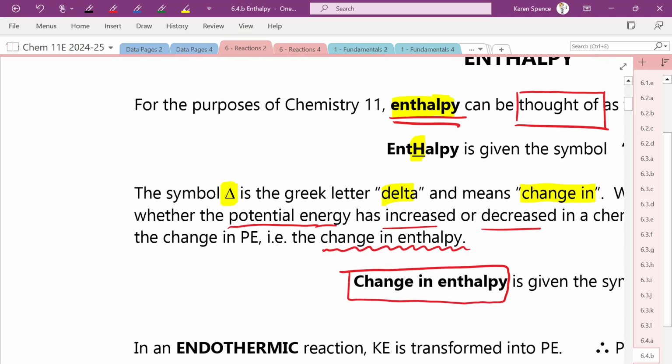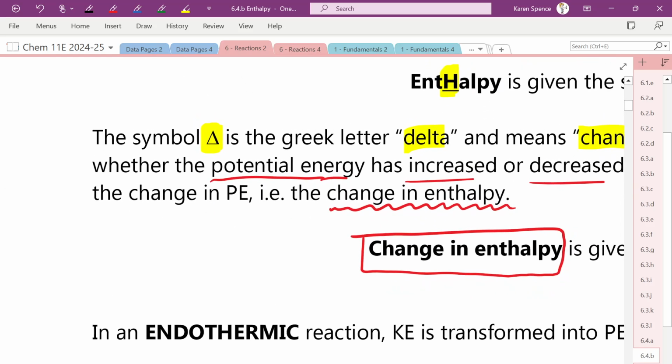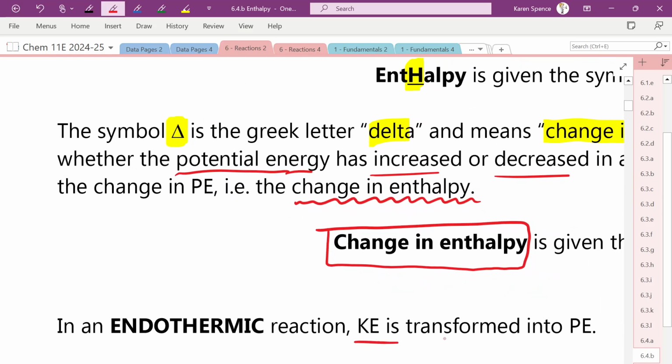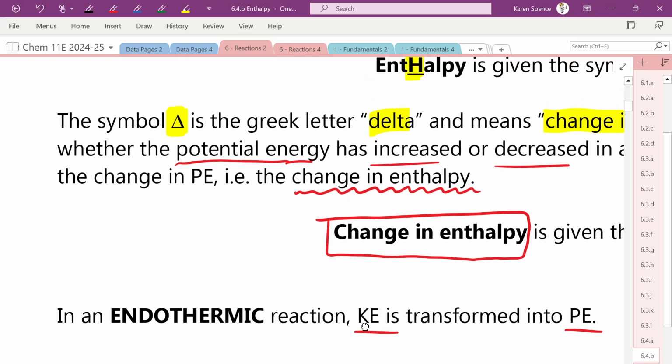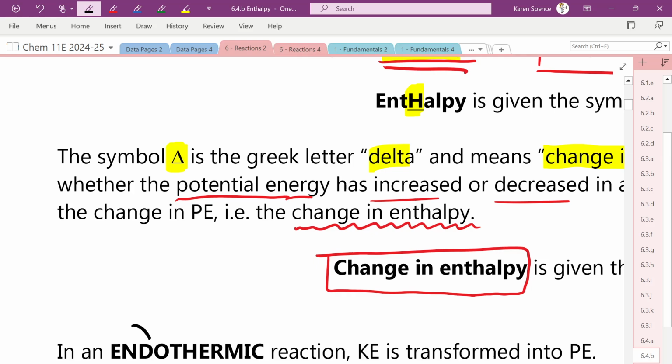Now remind me, okay, in an endothermic reaction, kinetic energy is transformed into potential energy. If I was to write a reaction for this endothermic reaction, and I had A on one side and I had B on the other side, where would I put my energy term for this endothermic reaction? Tell your partner.